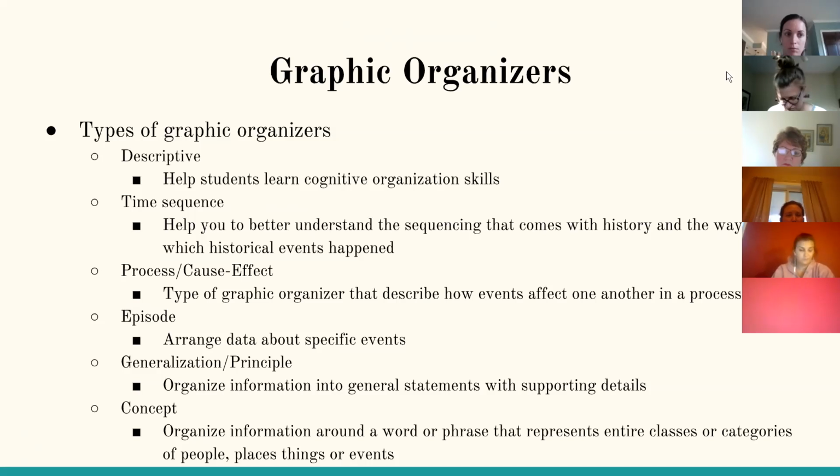Okay, now we're good. All right, so these are types of graphic organizers the book talked about. There's descriptive. They help students learn cognitive organization skills, like to give description. Time sequence comes with history, so if you ever see timelines and stuff like that, which historical events happen and when. Process and cause and effect describe how events affect one another.